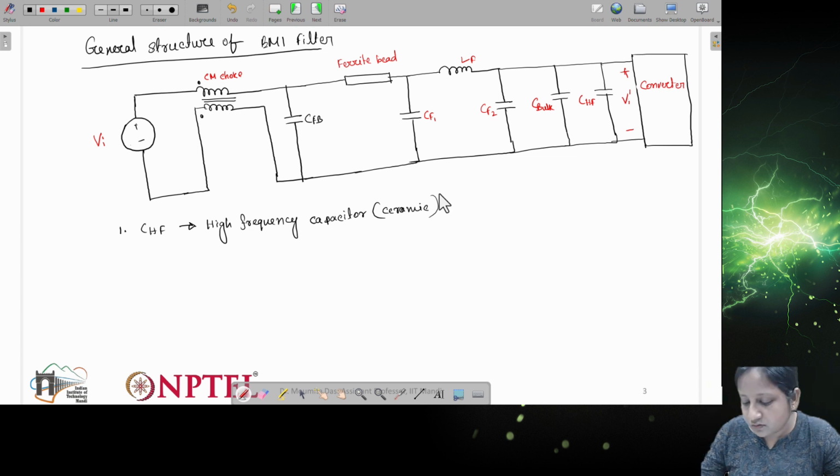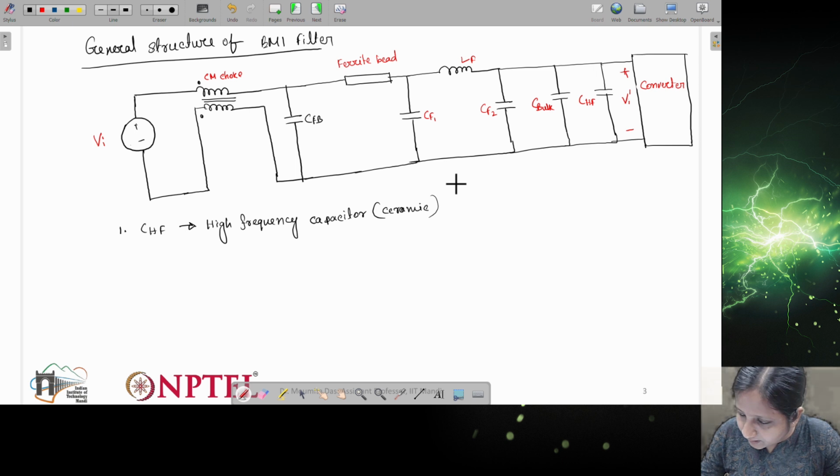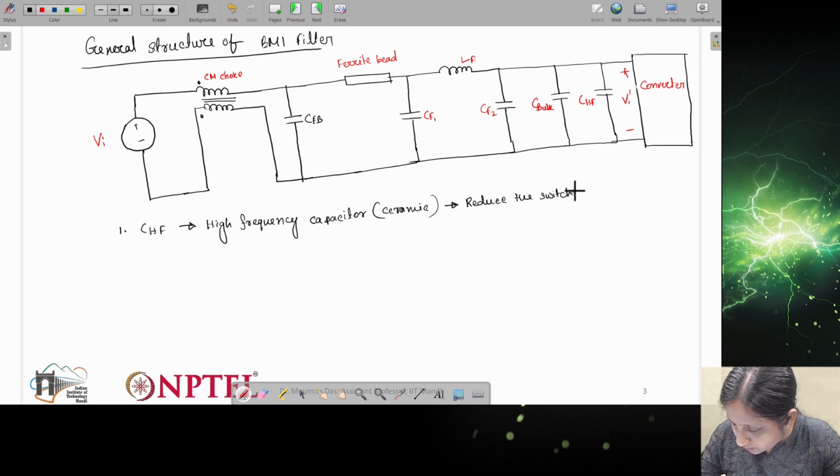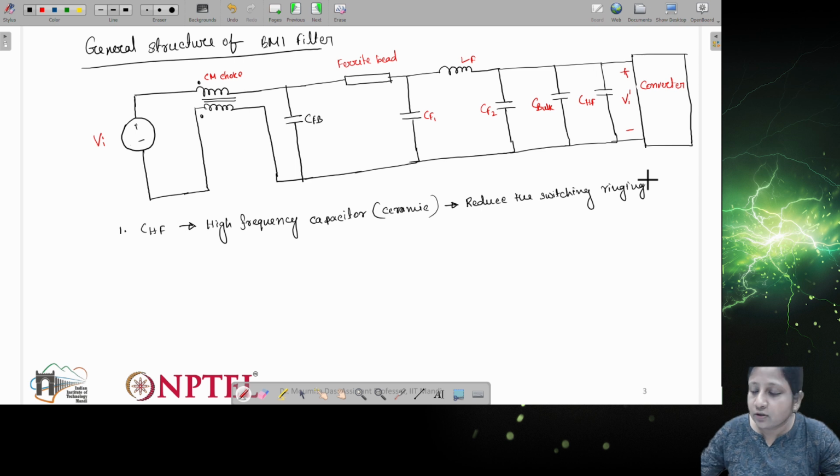High frequency small value capacitor, so that is why ceramic capacitor will be enough for this particular part. So why we need this? To reduce the switching ringing, the noises due to the switching. To reduce this, we need this kind of filter.